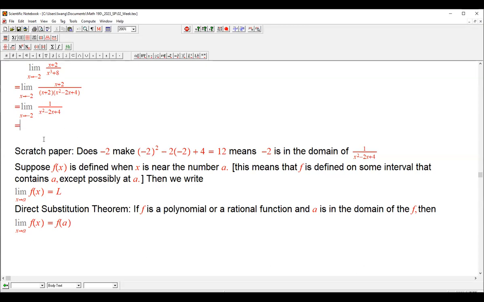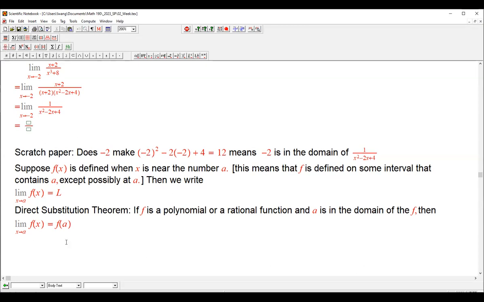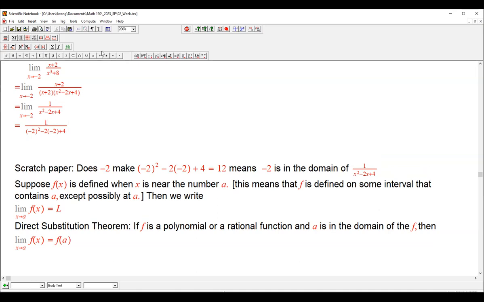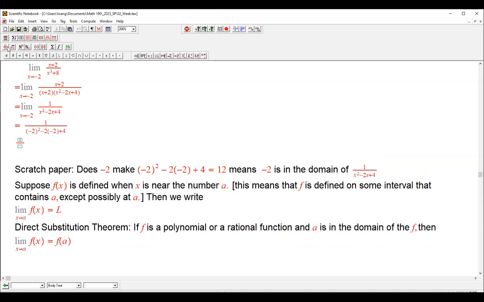Now you can drop the limit. Remember, on the left, you have the limit, and on the right you don't. Drop the limit and substitute it by this quantity. So in the end, we're getting 1/12.